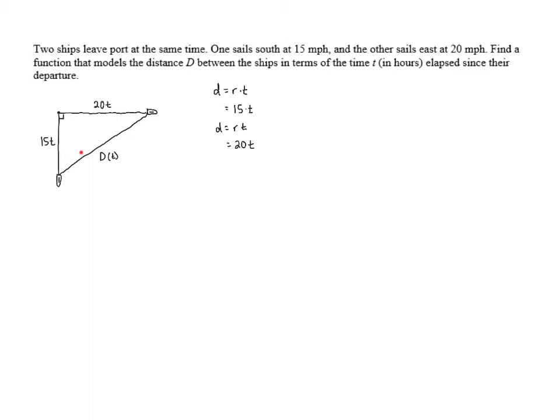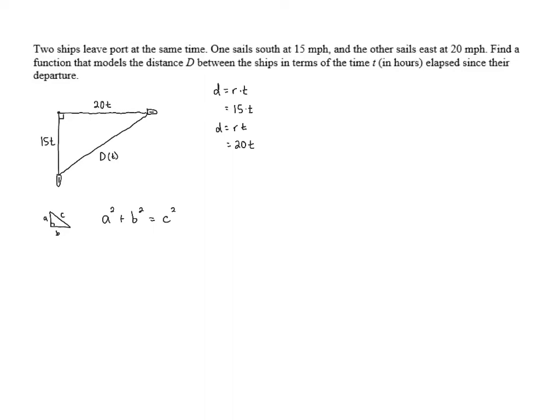Now that we have all of the side lengths of this triangle, we can use the Pythagorean theorem to relate them. Remember that with a right triangle that has sides A, B, and C, where C is the hypotenuse, the relationship is A squared plus B squared equals C squared.